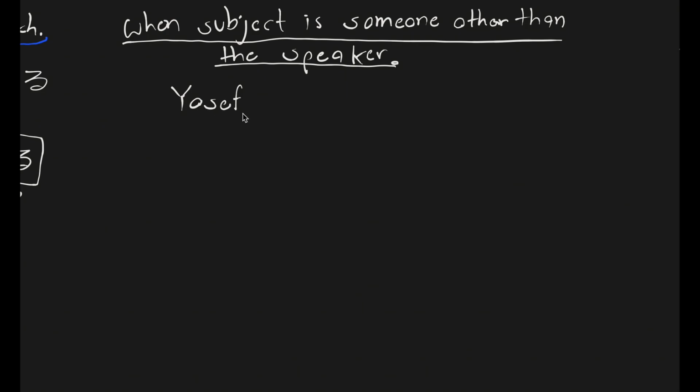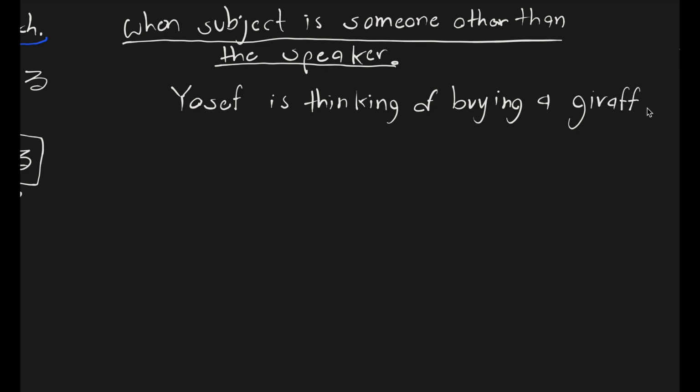So Yosef is thinking of buying a giraffe. Let's go with the giraffe. That is our sentence. So now let's go through the vocab so you can write it.